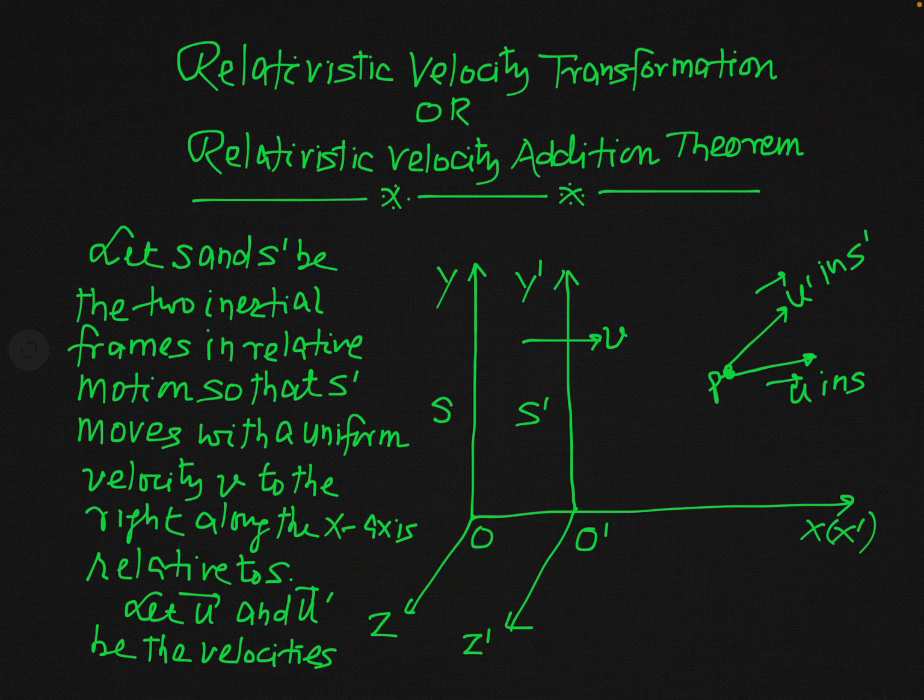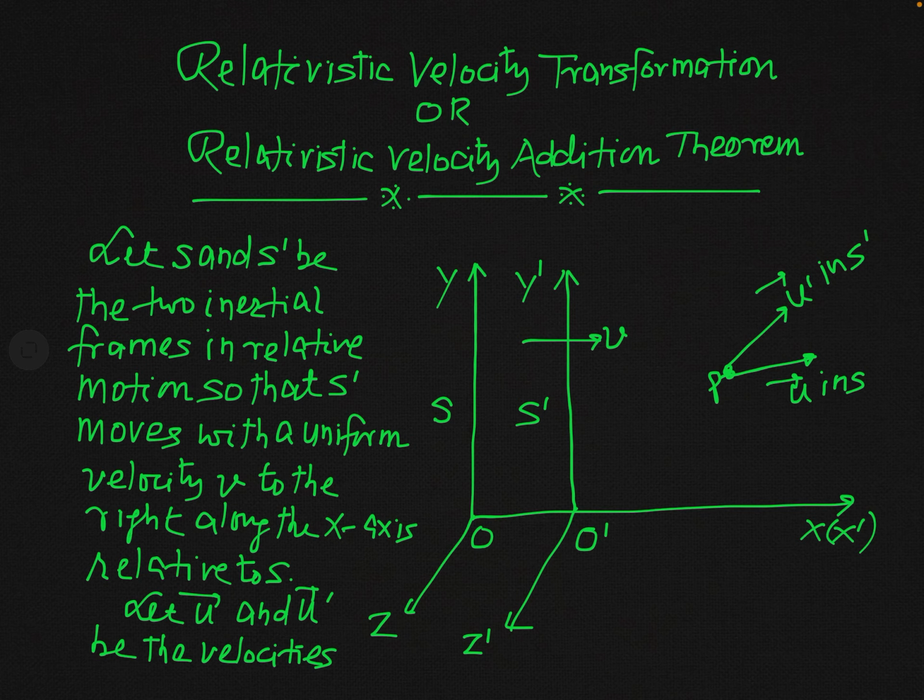But according to the second postulate of special relativity, the speed of light c must be the same in all inertial frames. So there is a need to find such a transformation of velocity in which the speed of light will be the same in all inertial systems which are in relative motion with respect to one another.